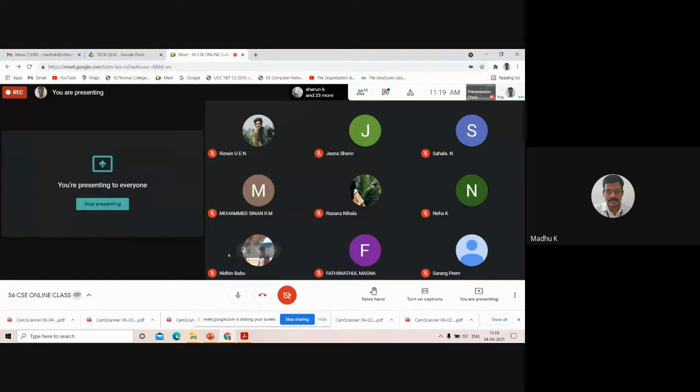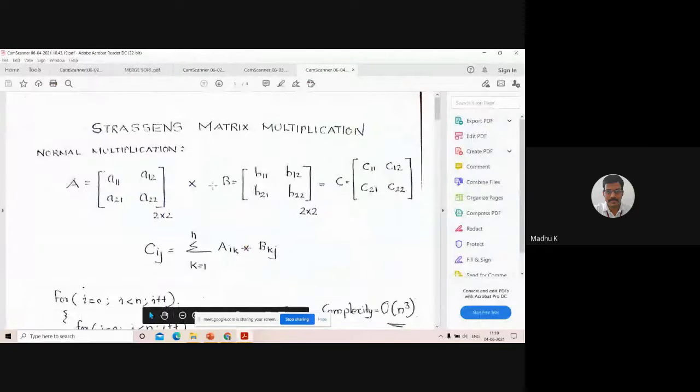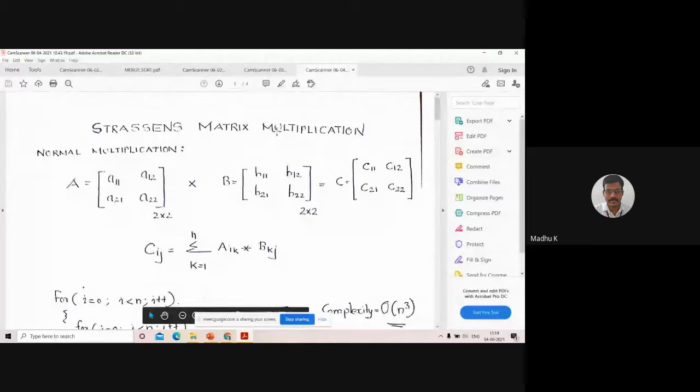So, in the previous class, we discussed the merge sort algorithm. Today we want to discuss the Strassen's matrix multiplication concept.